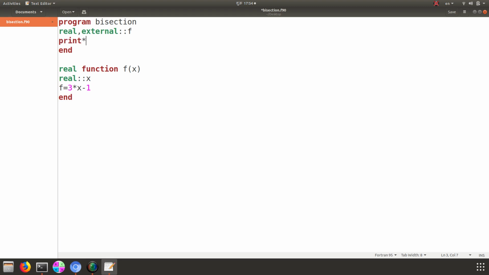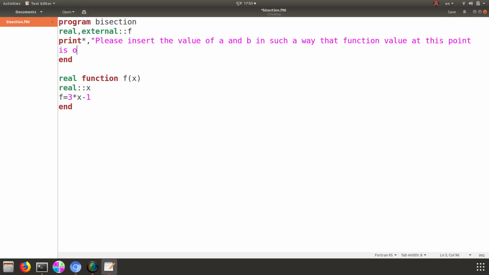Print, and this is the format of the print. Please insert the values of a and b in such a way that the functional values at these points are opposite.